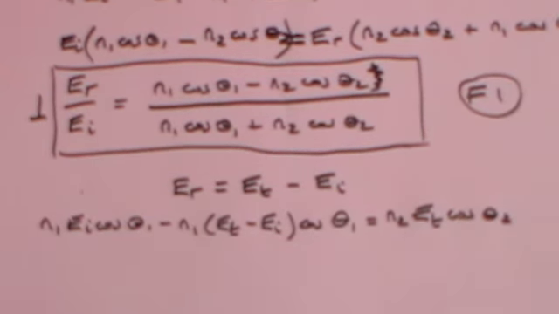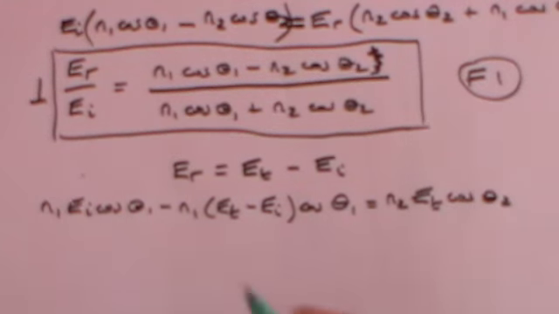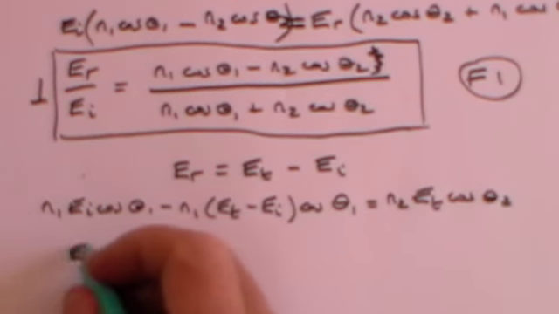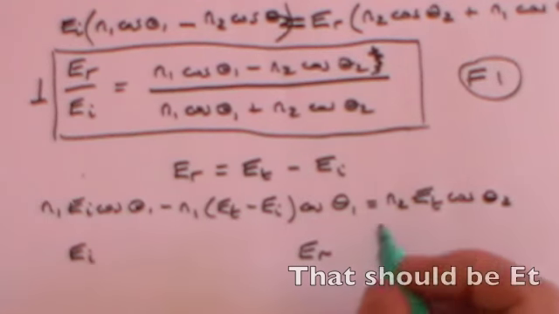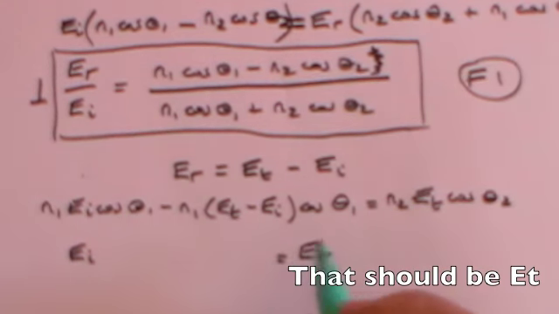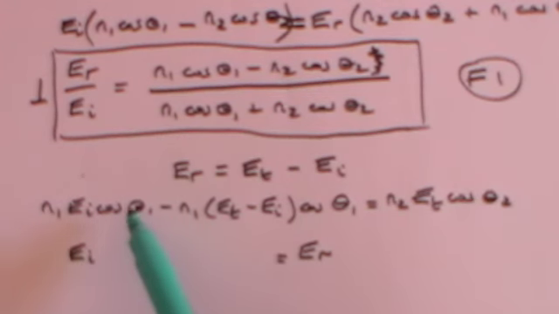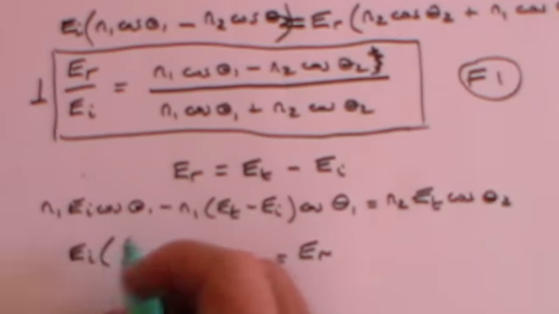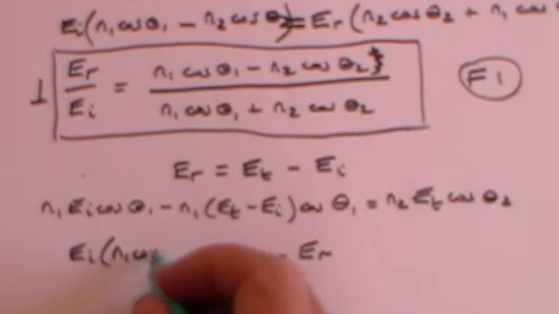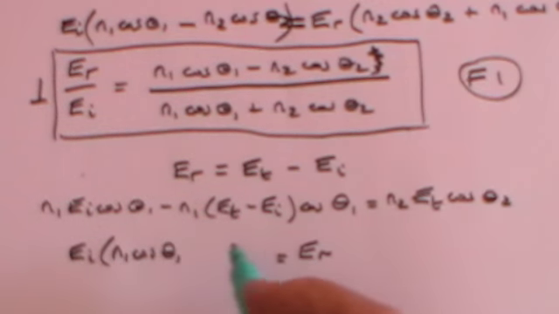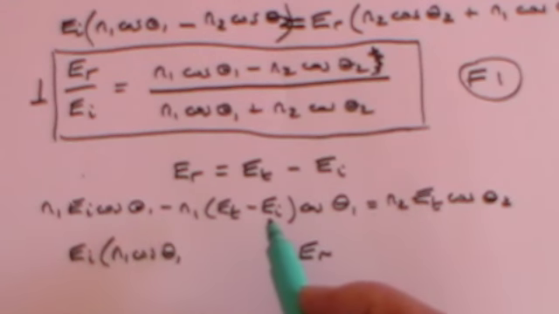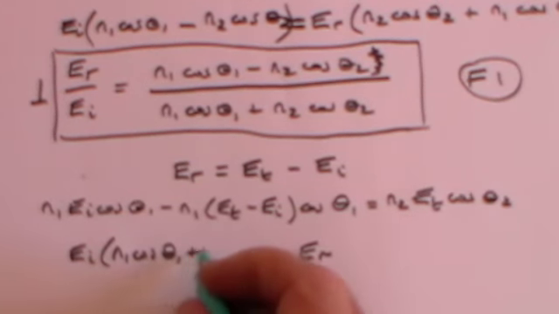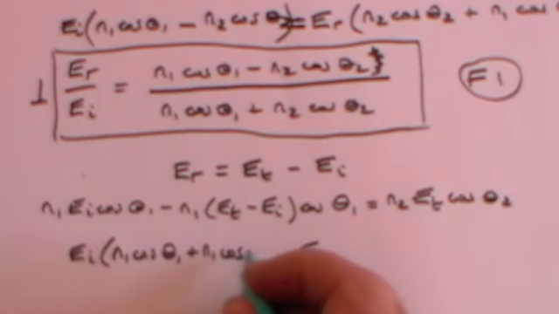And again, the trick is to bring all the EIs to one side and all the ERs to the other. So here we've got an N1 cos theta 1 for an EI term, and then we've got a minus minus, which is a plus N1 cos theta 1.